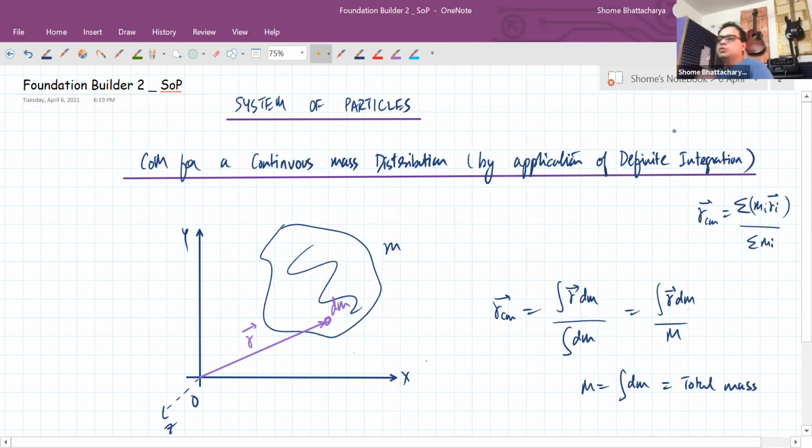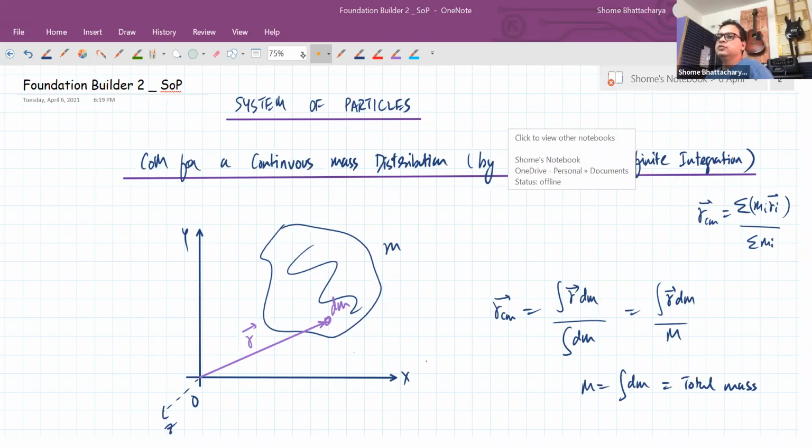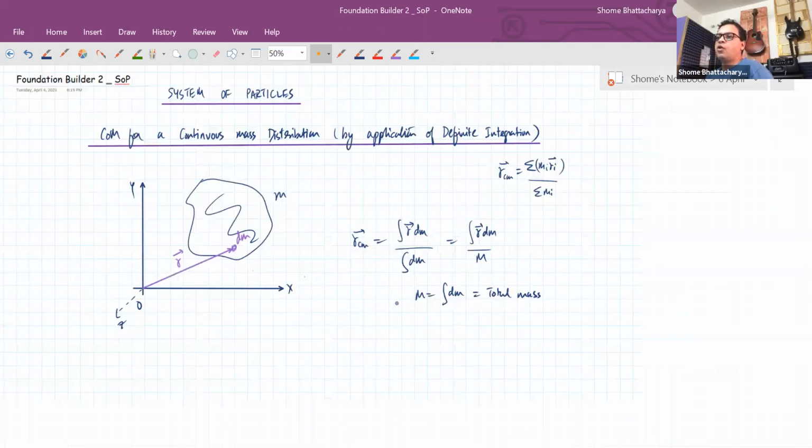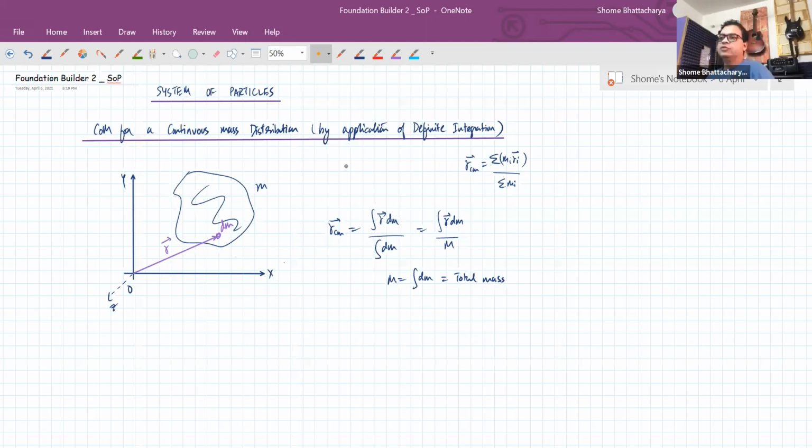Okay. So we had seen one example of this with a linear distribution of mass with variable density. So we will continue from that point today. But first of all, we will organize this application of integration systematically according to our type of system. Depending on how the mass distribution is occurring for the continuous mass distribution, we can classify it into three categories.